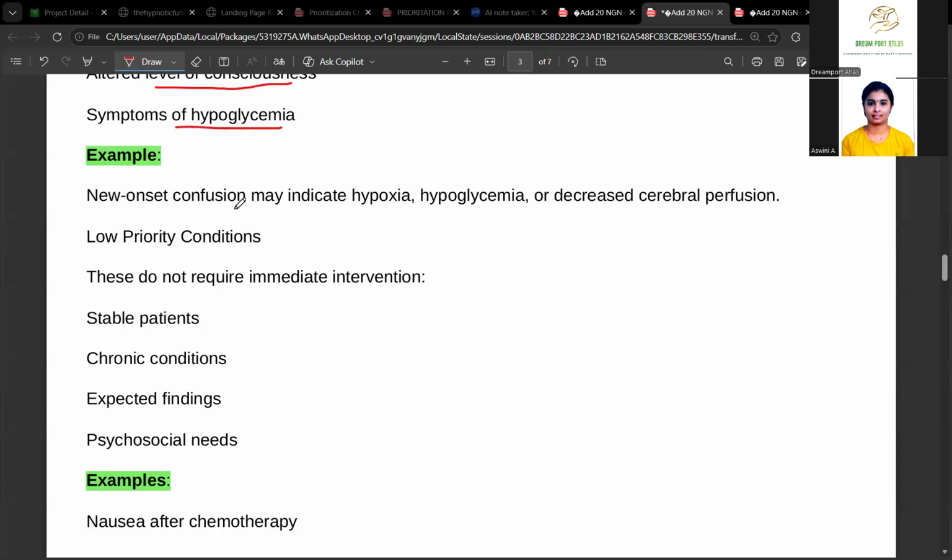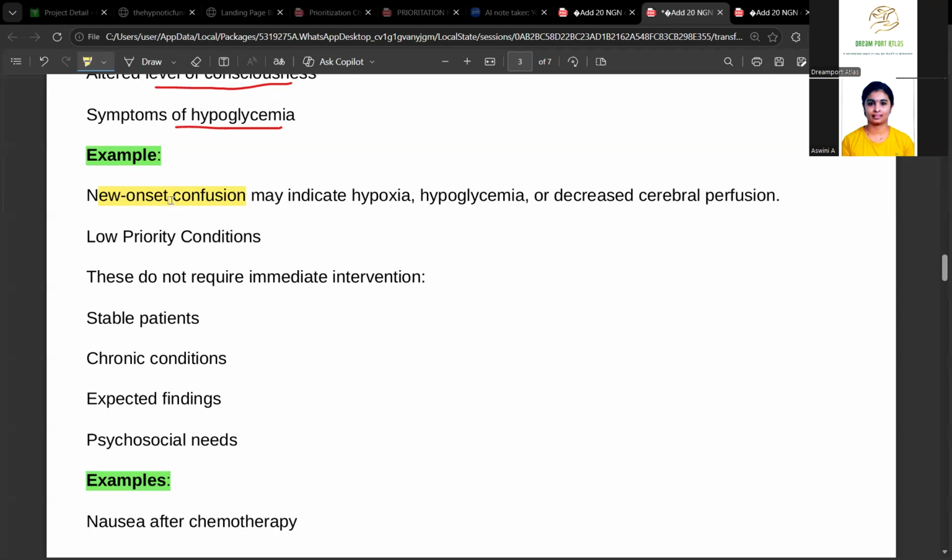While reading a scenario, when there is a new onset of any symptom, that would be your highest priority. Understood? Even if a client is having a chronic condition, but suddenly the client has developed a new onset of symptom, your priority will be the new onset of symptom.